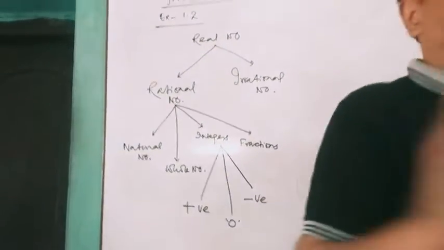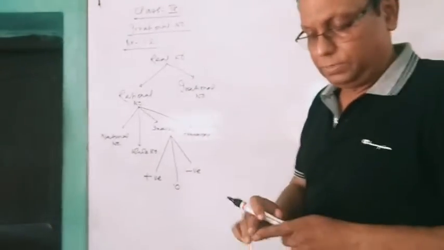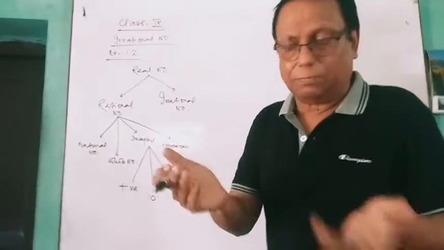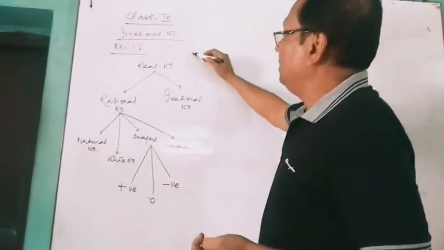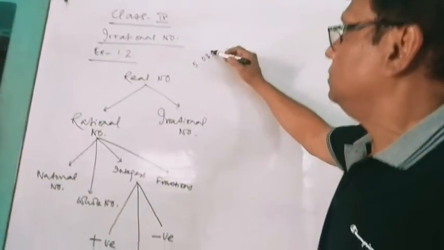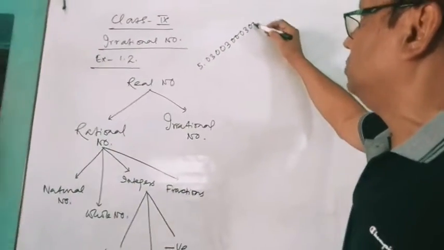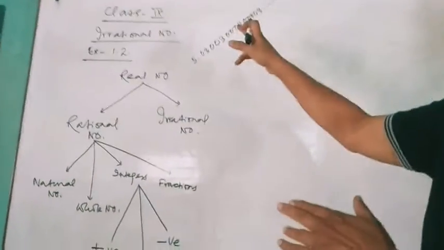So now in this exercise we are going to discuss the irrational number. First, suppose you are supposed to give some examples of the irrational number. You will write the numbers like this: 5.03003000300003... See the number very carefully.